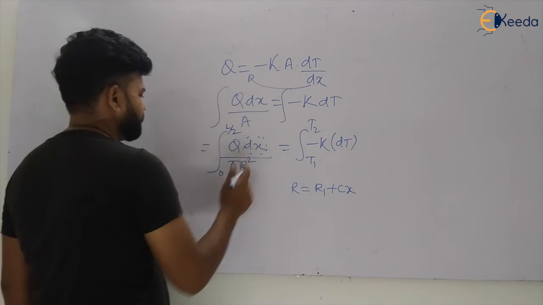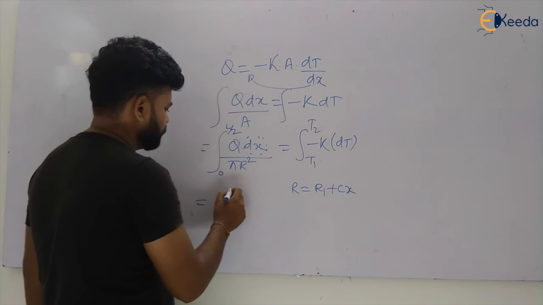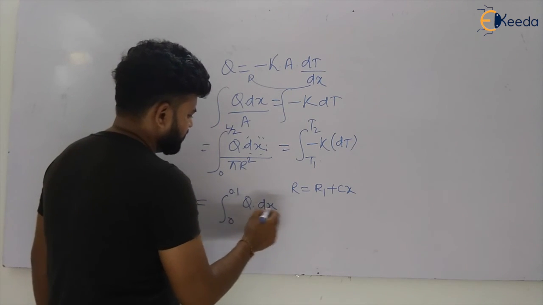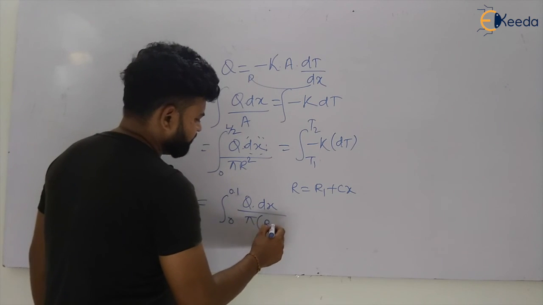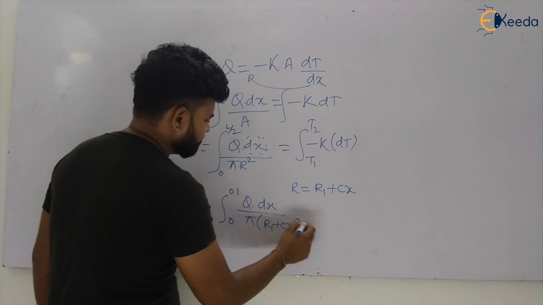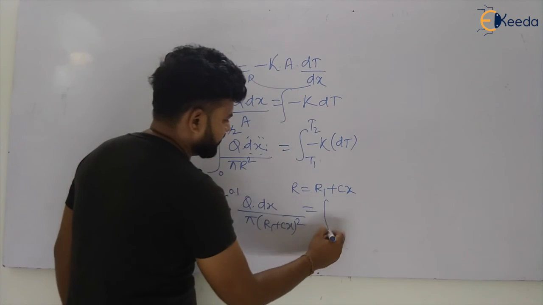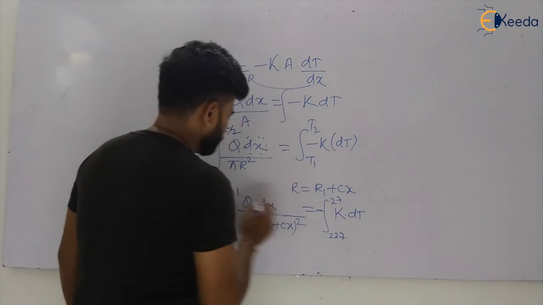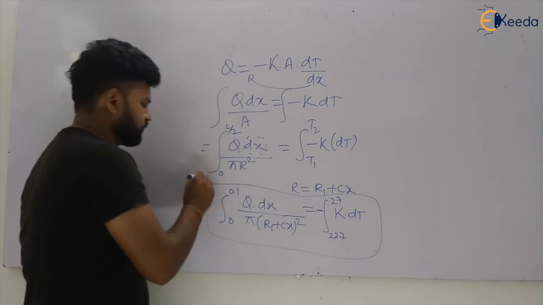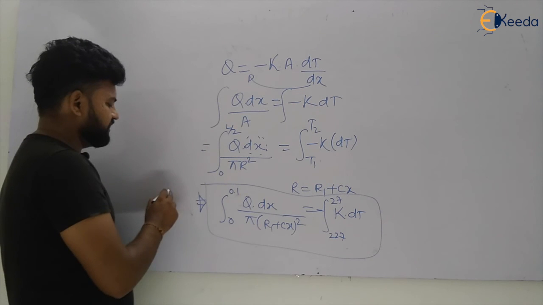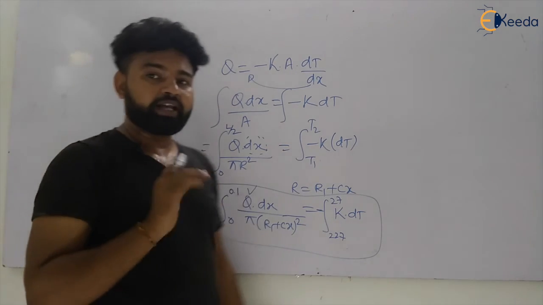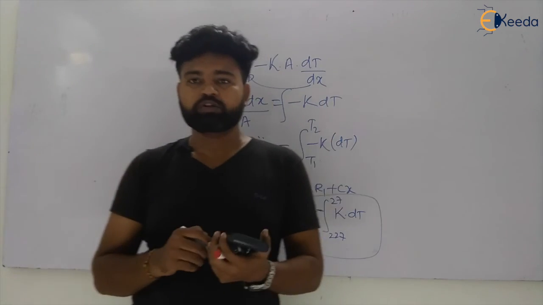So r1 plus cx, if you put all values here, you will find 0 to L by 2, that is 0.1 meter, into Q into dx divided by pi (r1 plus cx) square. Okay, you can directly put all the values, that is 227, and minus sign, take that outside, and conductivity into dT. So by integrating this equation, you can have the heat transfer Q, or you can also have the temperature at any wall if you know the heat transfer. So like this, you have to do calculation in GATE.